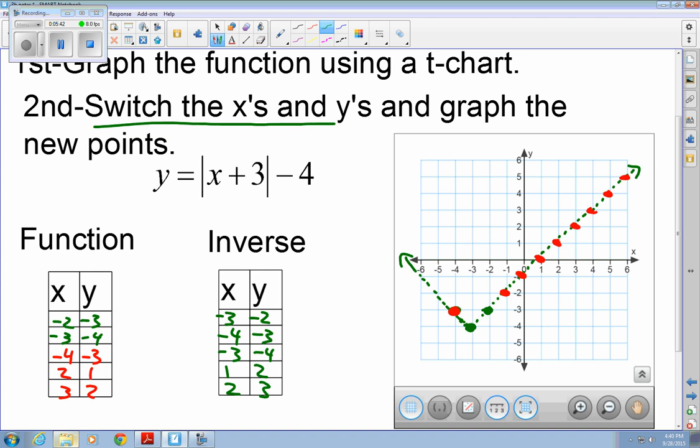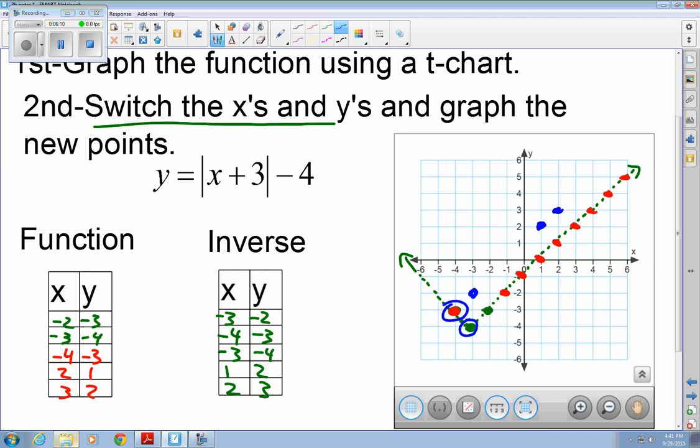So plotting these new points, (-3, -2) here, (-4, -3). When you have a point on another point, I circle it because that shows that there are 2 points there. (-3, -4) here, (1, 2) here, and (2, 3).